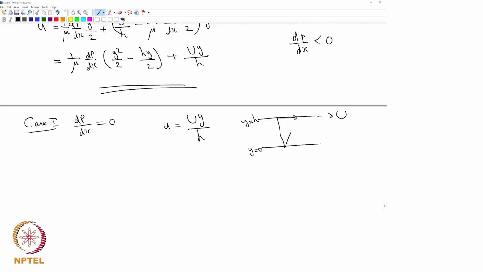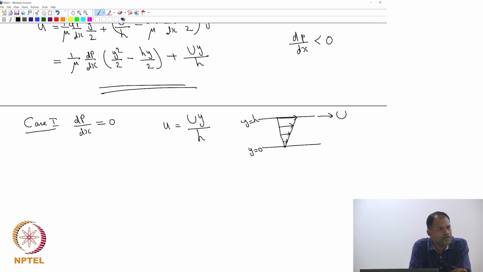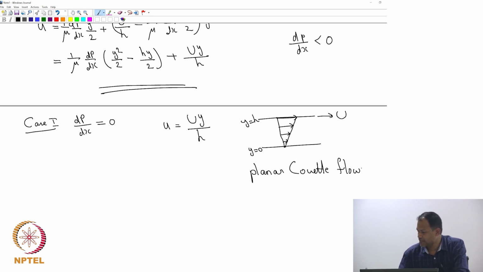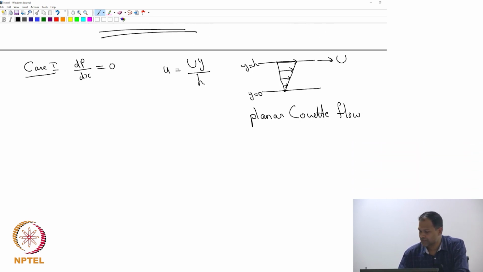So, that means my velocity profile is going to look like that, right, and that is something that you have already seen probably, and this flow is known as one of the simplest flow fields that you can get. Okay. And this is very important in terms of determining viscosity and so on, this particular flow field, and you will see that probably next week and week after, how do we utilize this further.